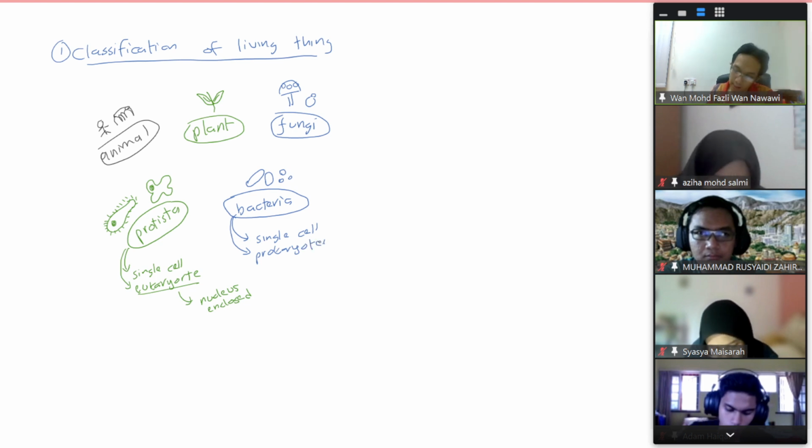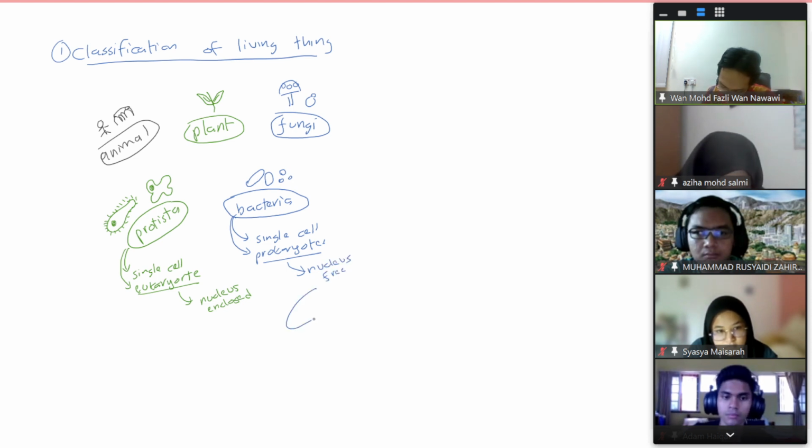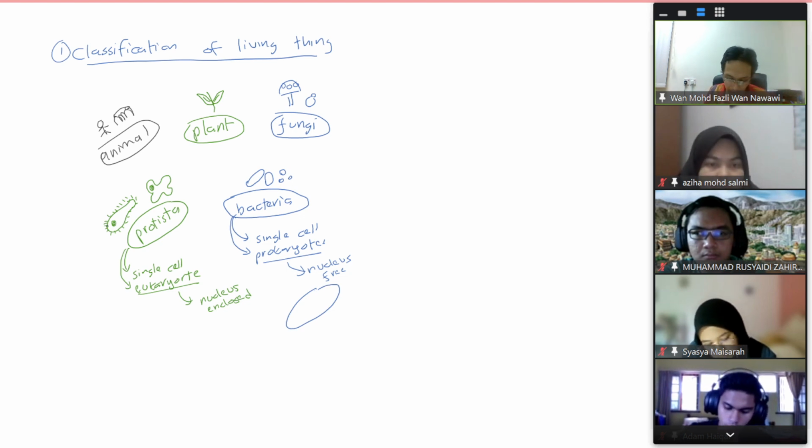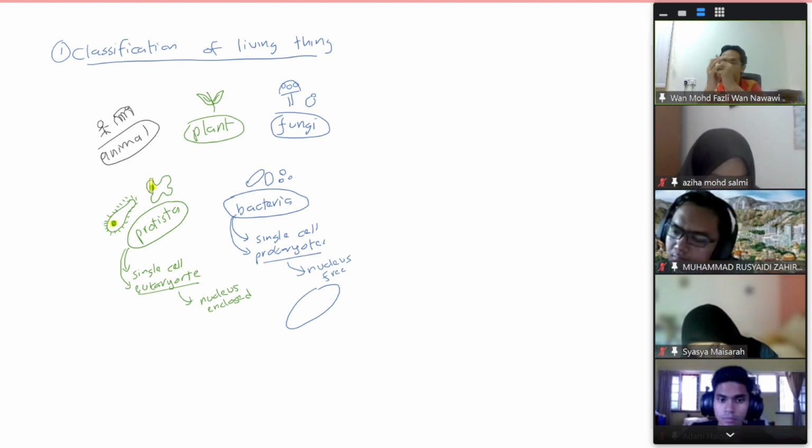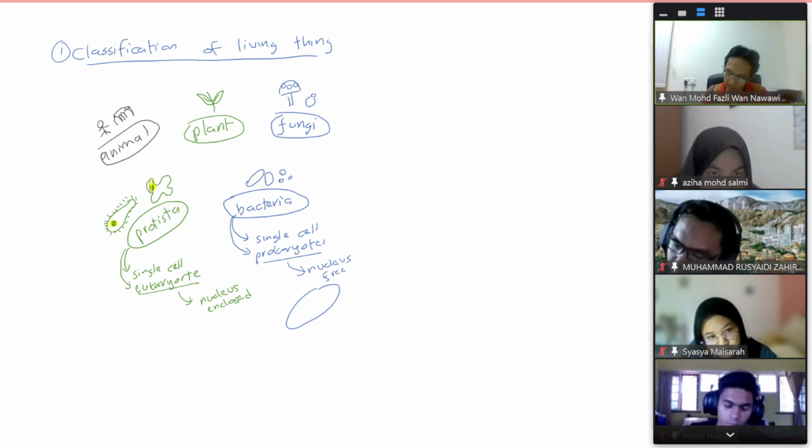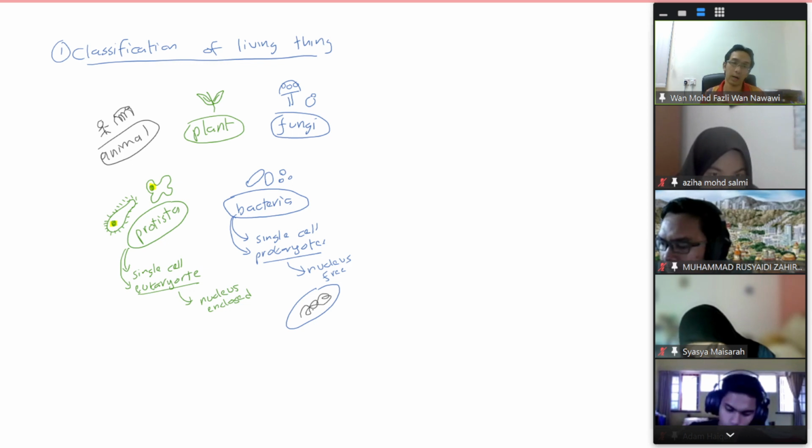Inside the bacteria, the nucleus is free. In protista, the nucleus is normally constrained in one thing, like one dot. But in bacteria, the nucleus just goes here and there. So that's the difference between bacteria and protista.